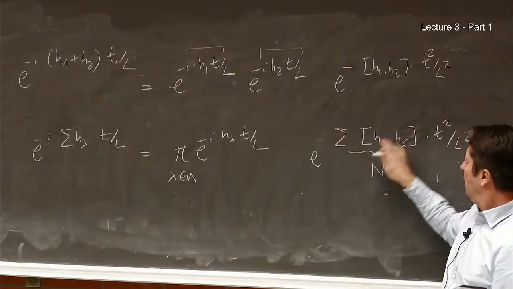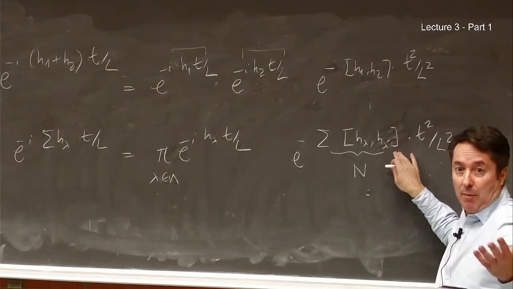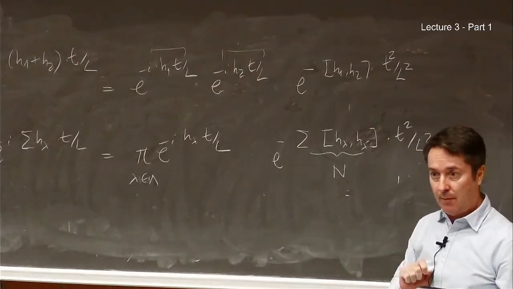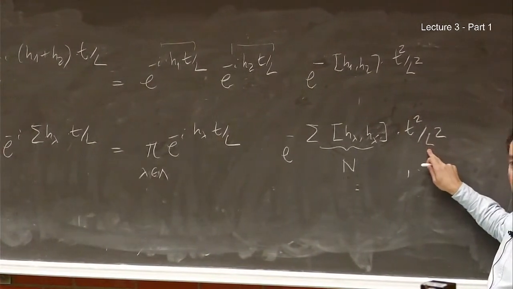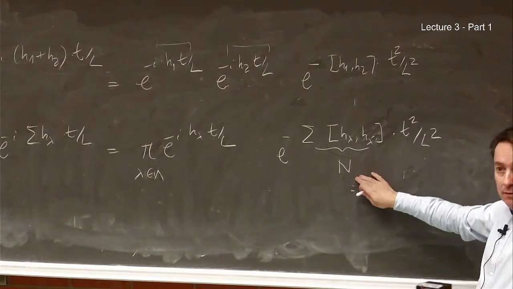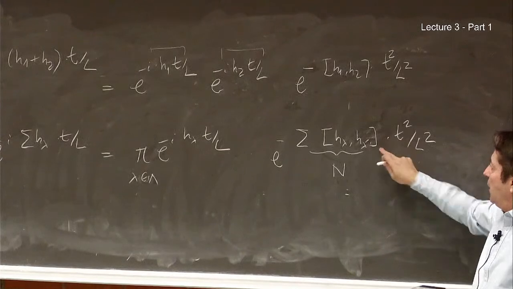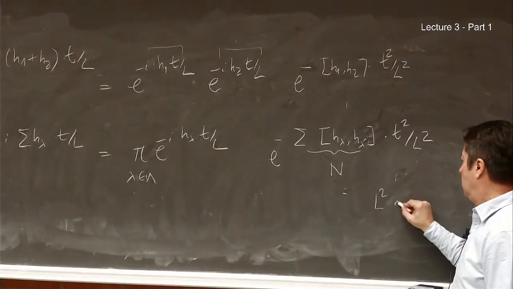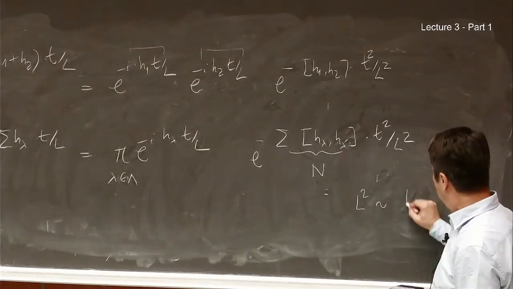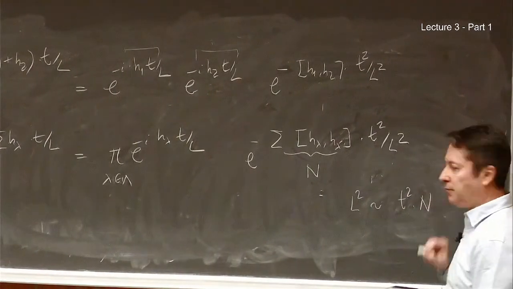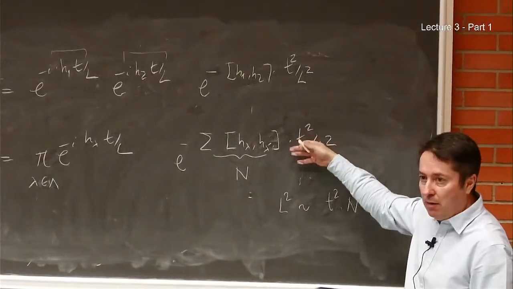So the norm of this sum of commutators is upper bounded by a constant times n. And so you see here you have t squared divided by L squared. You want this to be epsilon, very small, so you have to choose L squared equal to t squared times n, and then you put a big constant, something that will depend on epsilon here.